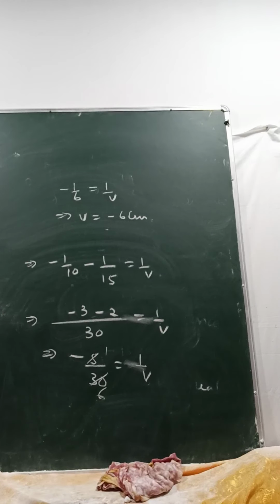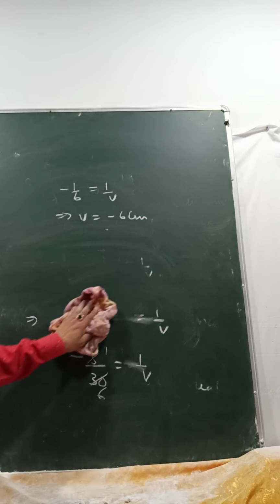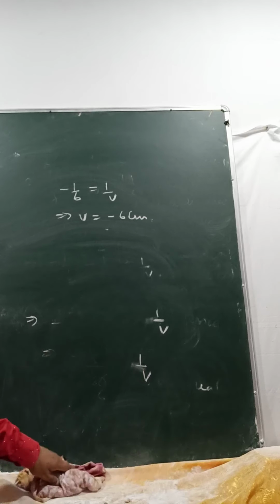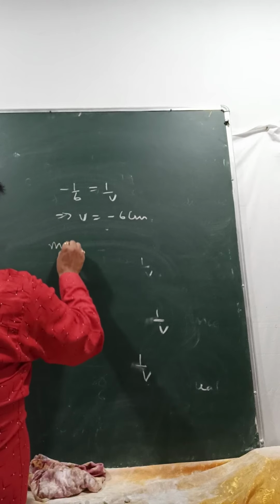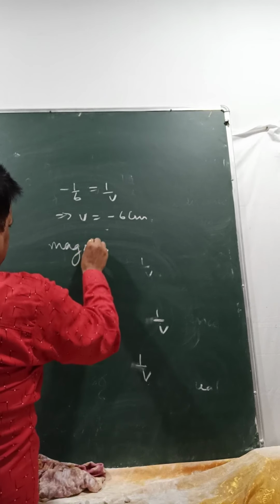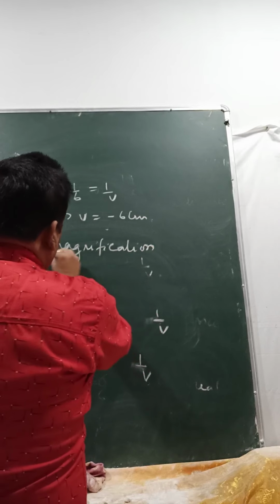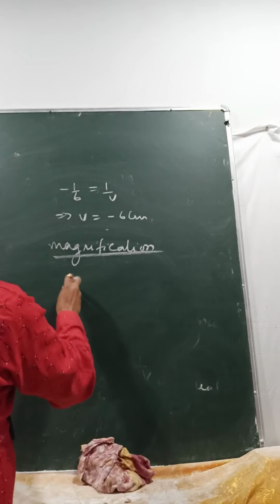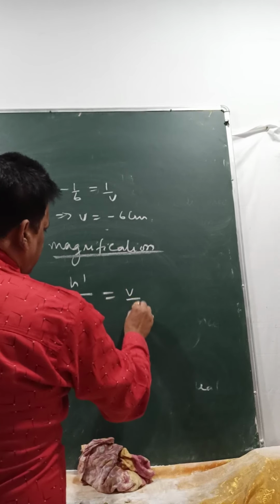Okay, then how to find the magnification? Now h dash by h equals v by u.